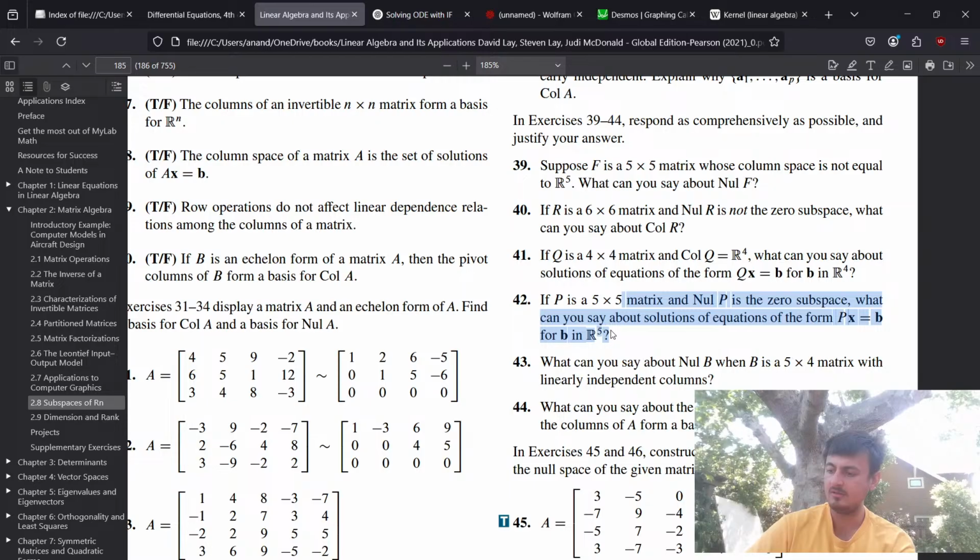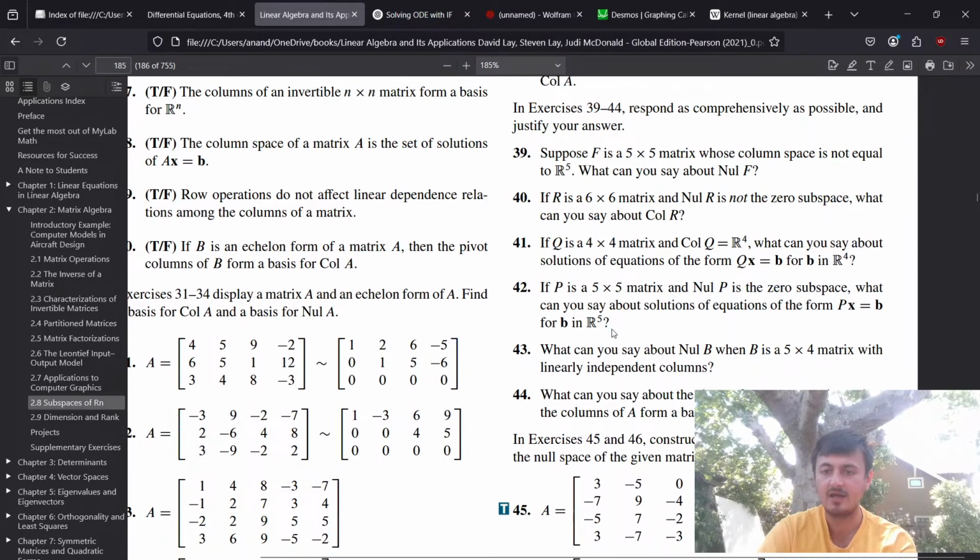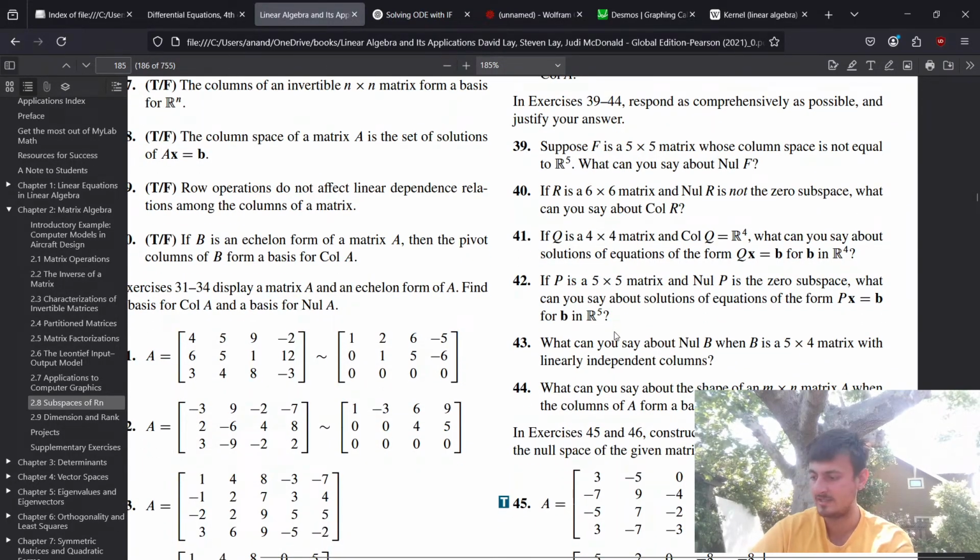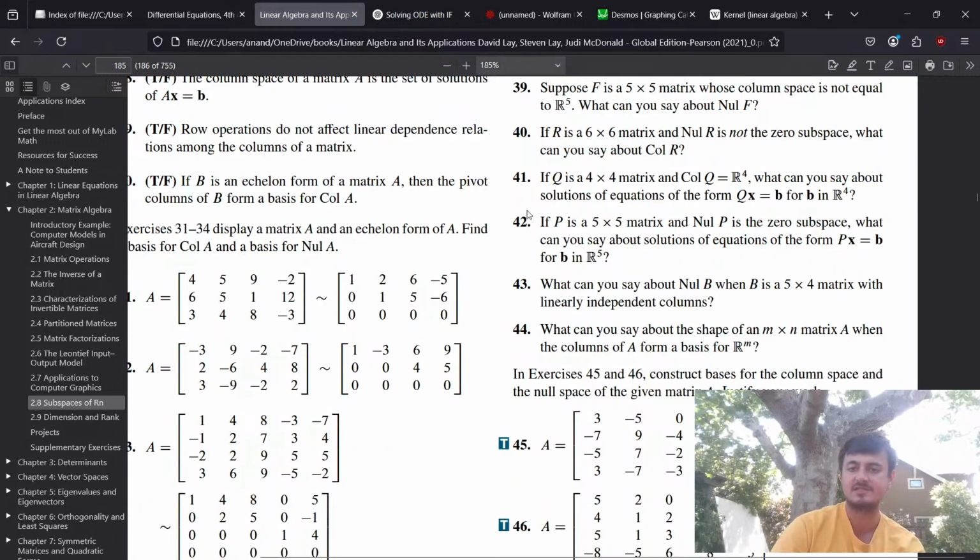If null P is equal to the 0 vector, then col P is equal to R5. Whatever, it's P. So then we have there exists a unique x for all b. Great. So it's the same thing.